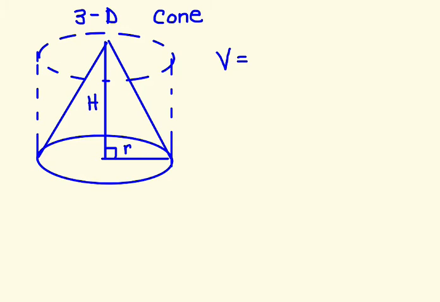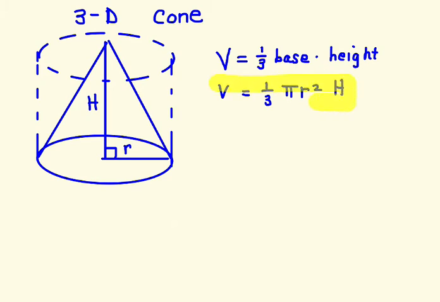So the volume is 1/3, the base is pi r squared, and the height is capital H. So there's the formula for the volume of the cone.